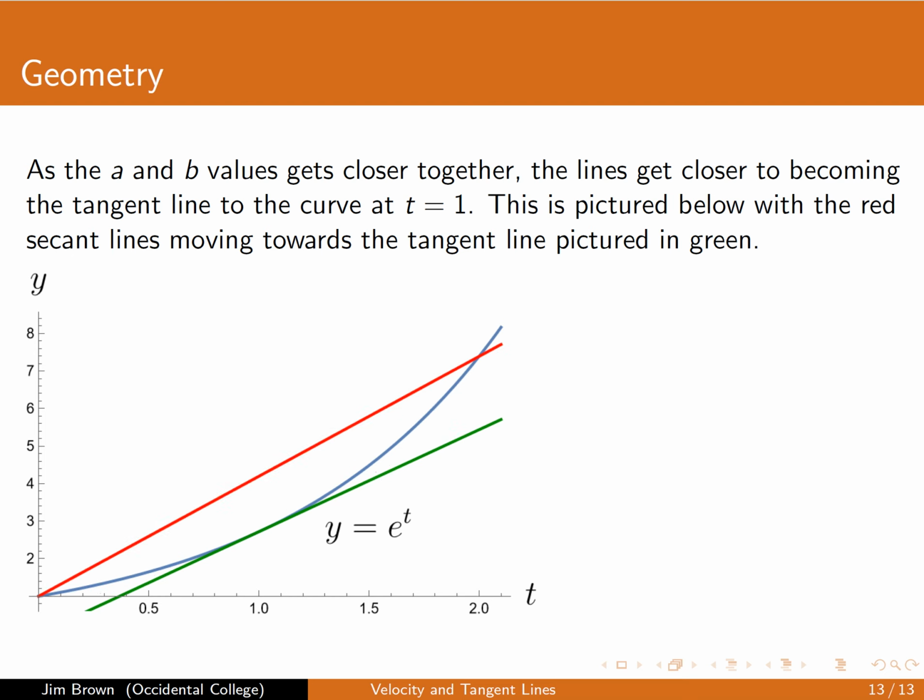So geometrically, since the slopes of the secant lines are the average speeds, and they're getting closer to the tangent line, that tells us the slope of the tangent line should be the speed at t equals 1. That's how the geometry relates to the tables and equations from before.